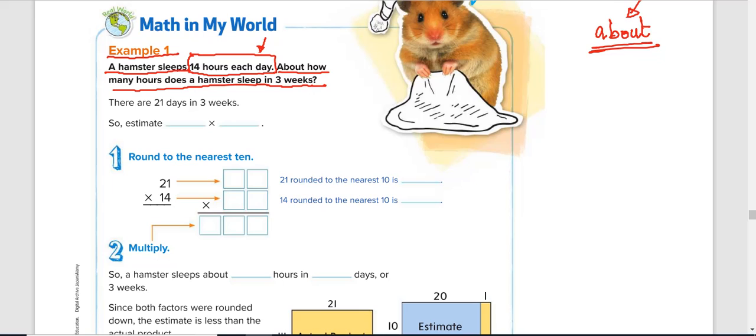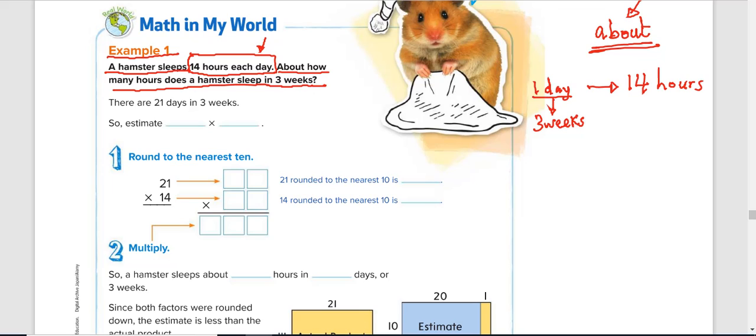So for one day, the hamster sleeps 14 hours. Now, about how many hours does a hamster sleep in 3 weeks? This time it is not talking about days, so we need to look at how we can convert these weeks to days.